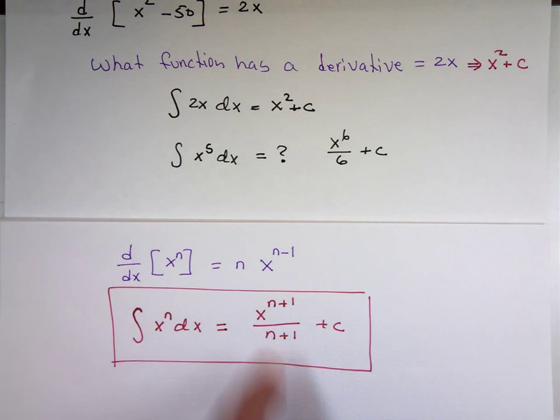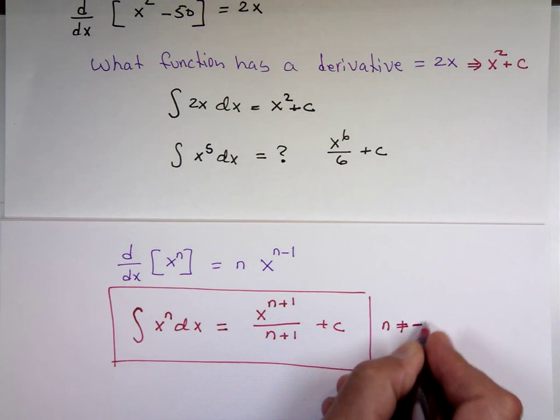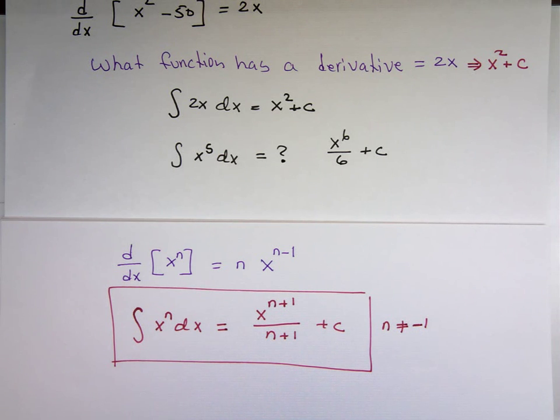The only time this does not work is when n equals -1. What is -1 plus 1? Can you divide by 0? So you can use that all the time except when n is -1.